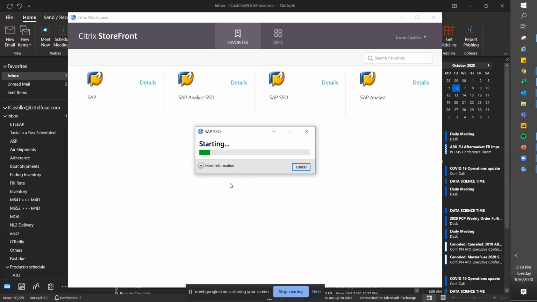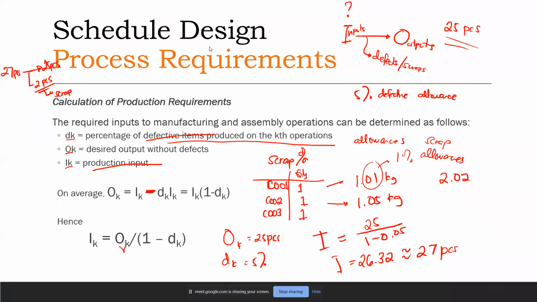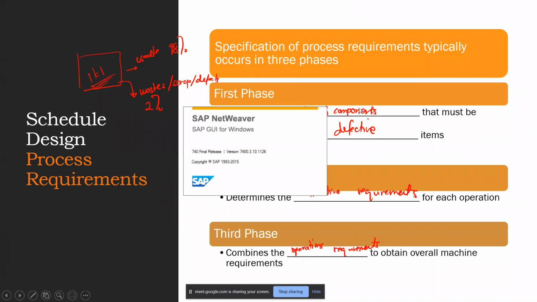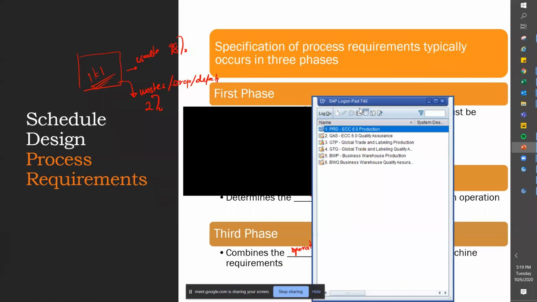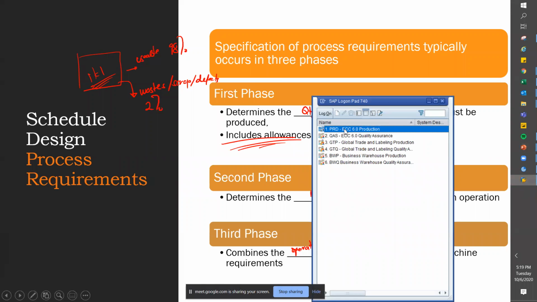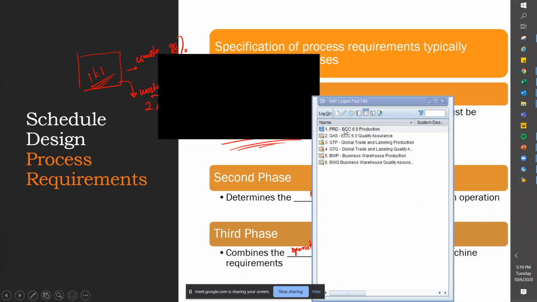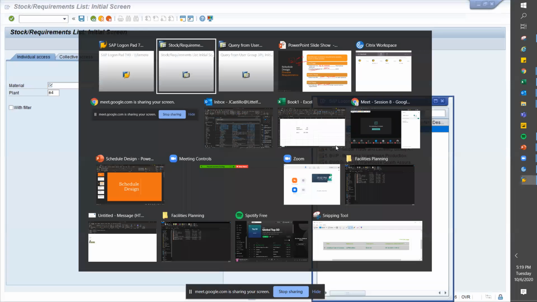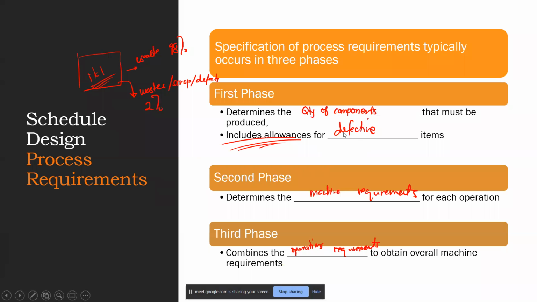Okay, hold on. Ipapakita ko sa inyo yung percentage na yun na sinasabi. Kasi kailangan siyang mai-consider when we are planning for raw materials or for the component parts. So, babalikan nga natin dito. That's the first phase. We have to determine ano-ano yung mga component parts na yun, gaano kadami ang kailangan in order to build a particular finish good. And then, may consider dapat din yung mga defective percentages.